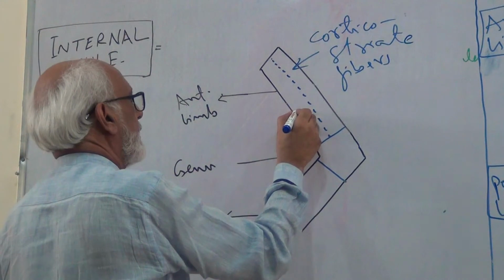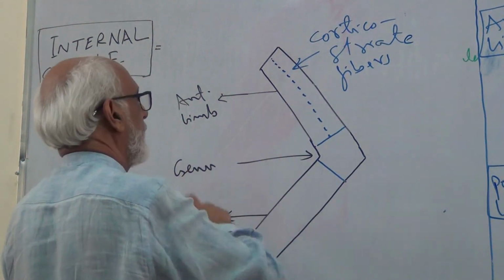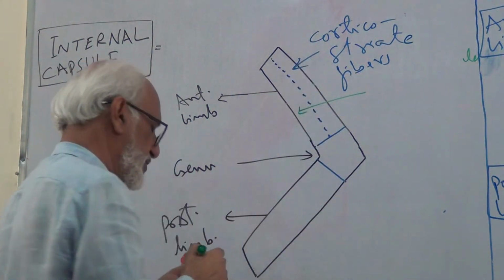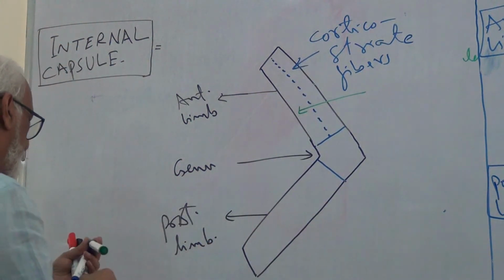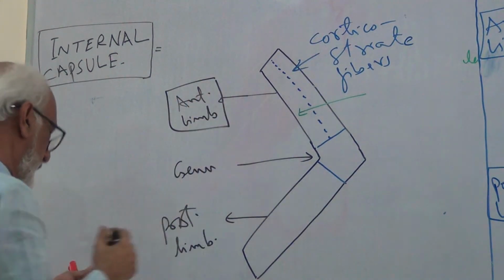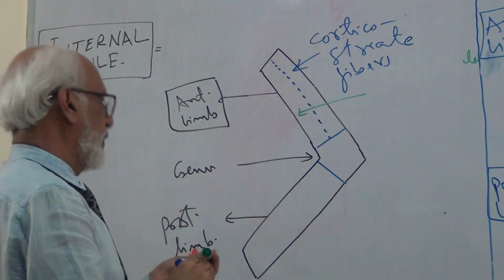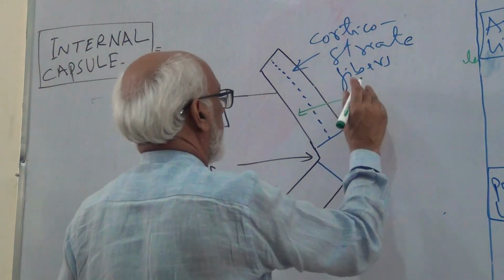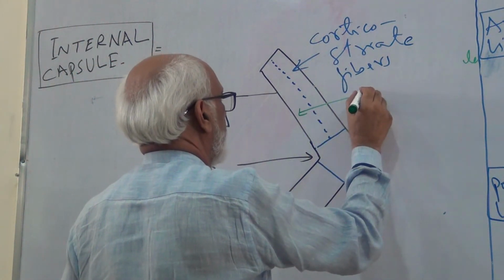And then this part of the anterior limb, through it, which fibers pass? That is, cortico-ponto-cerebellar fibers.